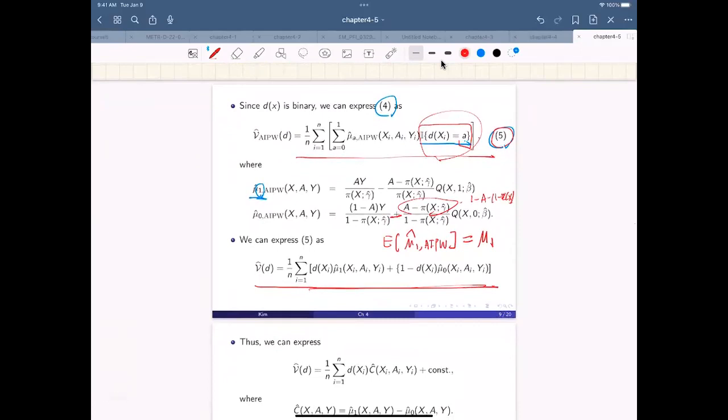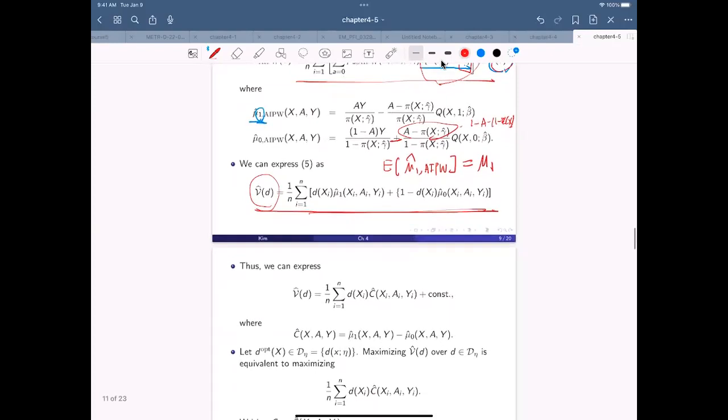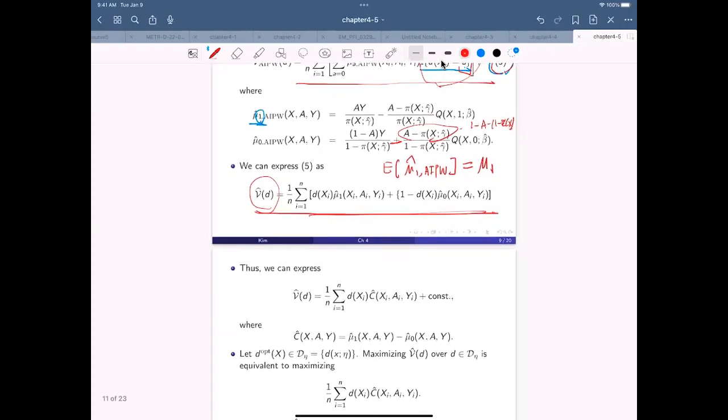So that means all you have to do is, you are interested in maximizing this with respect to D. And so you can actually write it this way, and then this is a C hat.